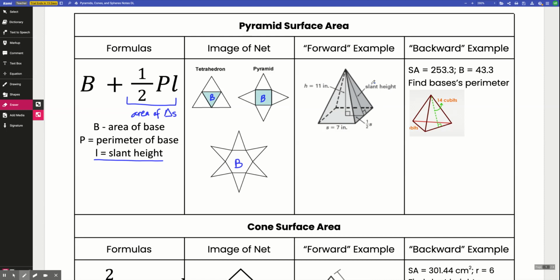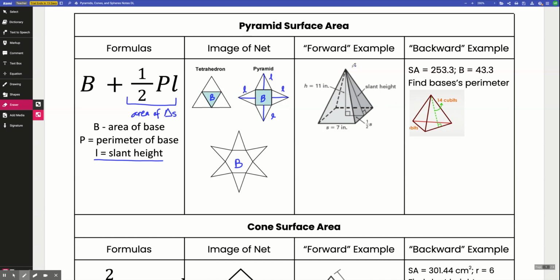Another way you can think about this slant height is like if you were sliding down something. The slant height is literally the slanted or diagonal height of a pyramid or a cone. Another way you can think of it is that the slant height is like the height of each of these individual little triangles, here, here, here, and here.